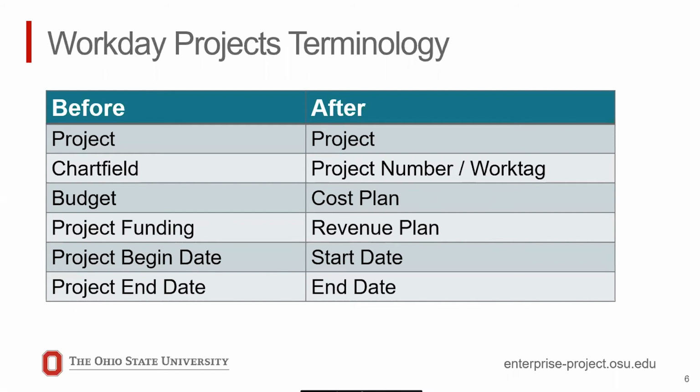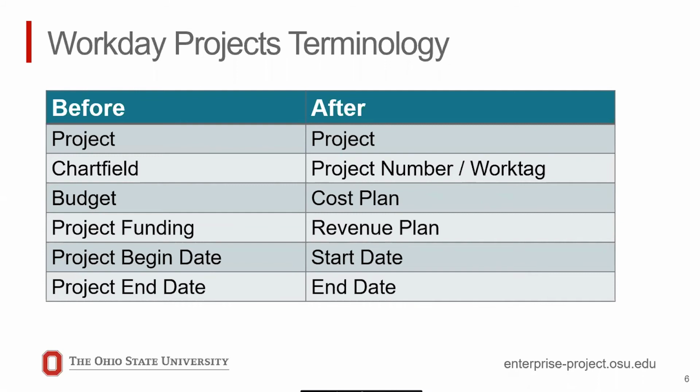Much of the terminology is consistent across Adaptive and Workday and, as needed, with eBuilder. A project is still a project in Workday with many additional features for you to create, monitor, and report. The project number is part of the chart fields and includes many work tags.